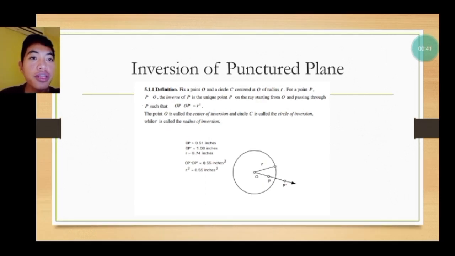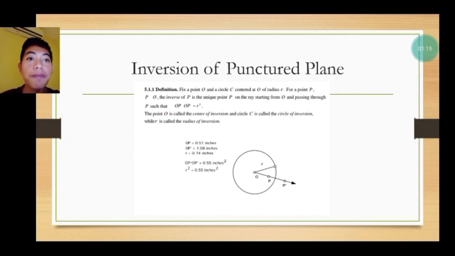By its definition, you can see in the figure a circle. Fix a point O and a circle C centered at O of radius R. For a point P, as you can see in the illustration, the inverse of P is the unique point P' on the ray starting from O and passing through P such that OP times OP' equals R squared.